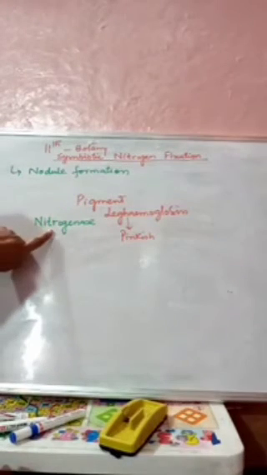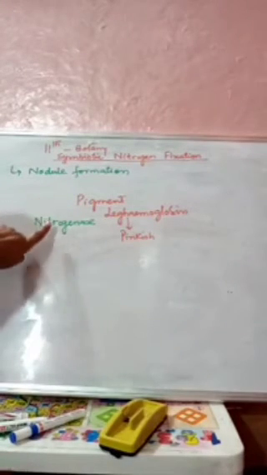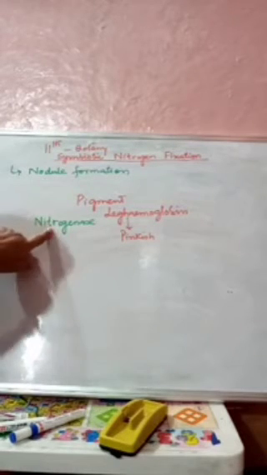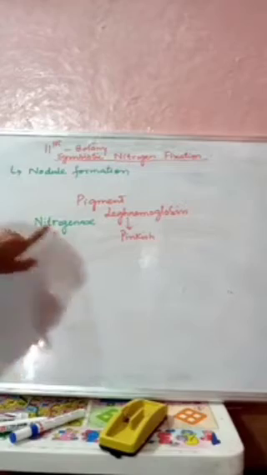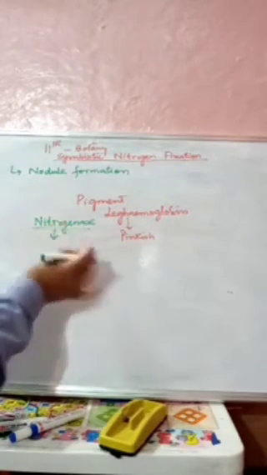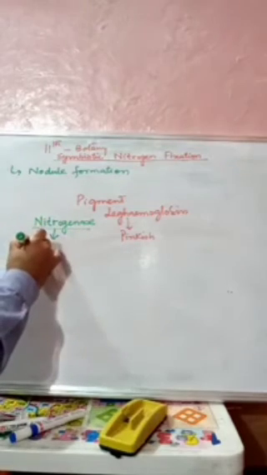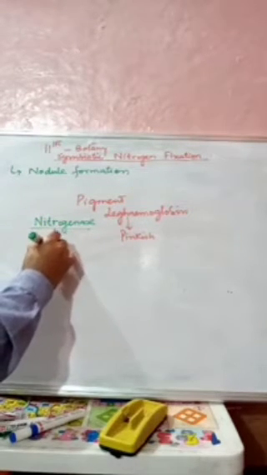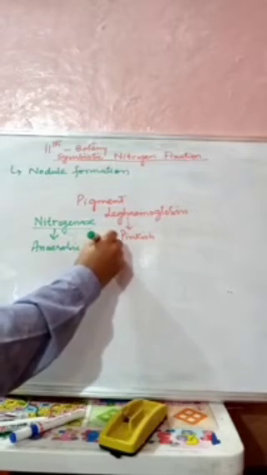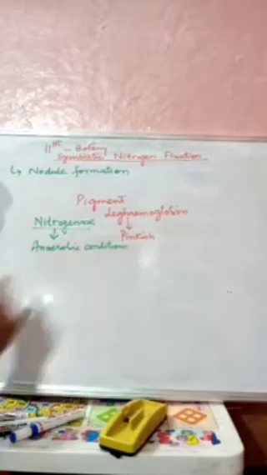In the fixing of nitrogen, an enzyme is required, and the name of that enzyme is nitrogenase. This nitrogenase enzyme works under anaerobic conditions, not aerobic, that means in the absence of oxygen.